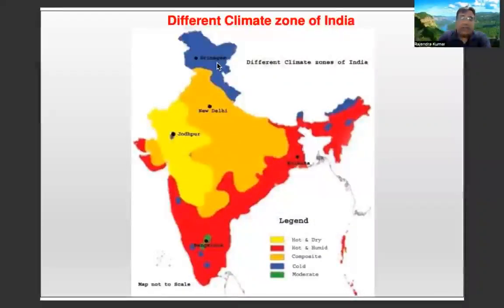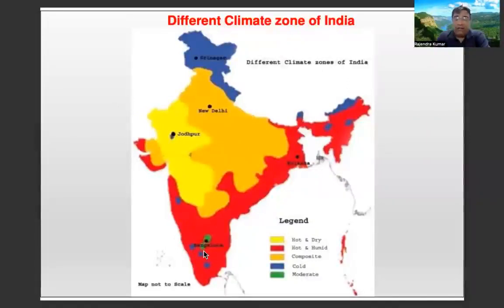Here you can find snowfall, and in many parts of the northern part, which is the top of the India map, it's mainly a cold climate. Some regions, which are very small parts, have a moderate climate throughout the year.